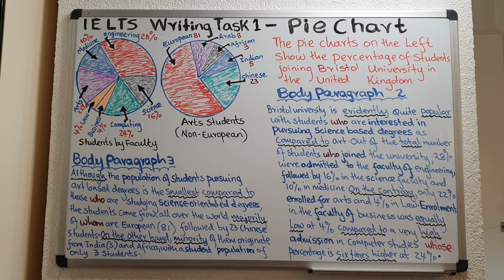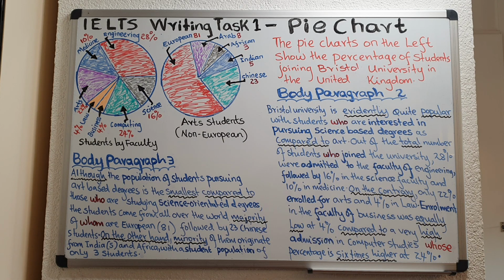You should write more than 150 words. Your task 1 is worth about 33% of your total writing marks. The rest of the marks go to writing task 2.